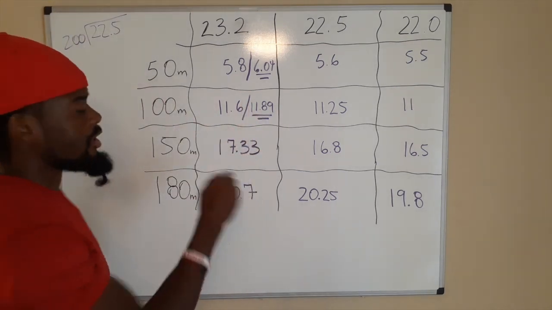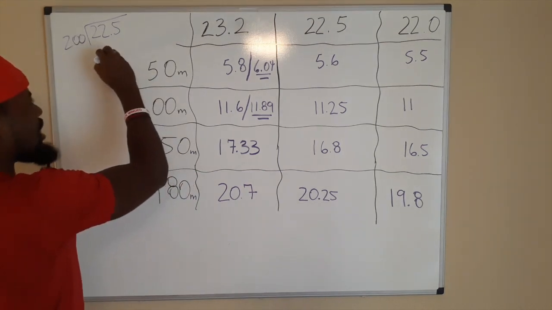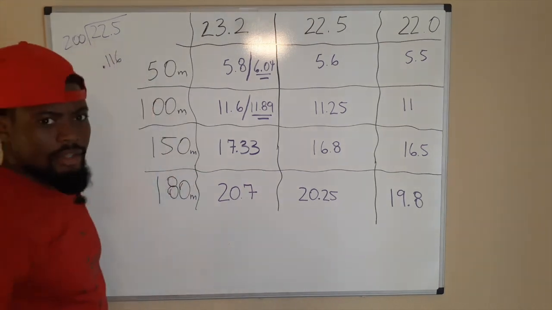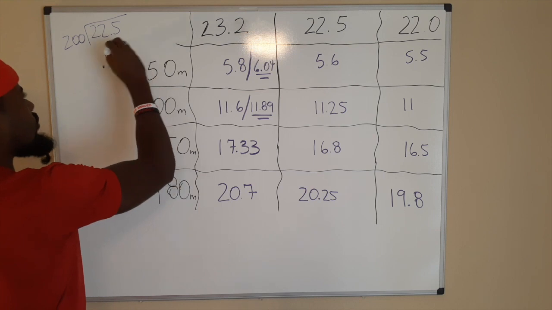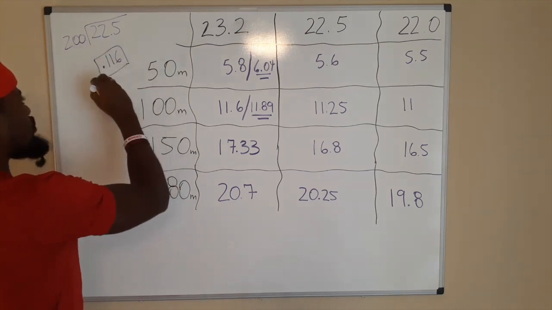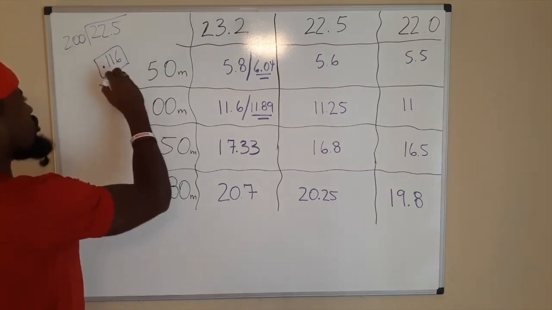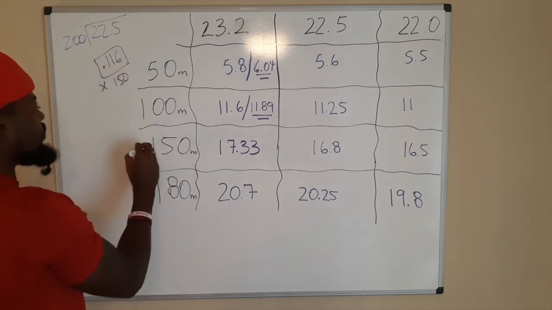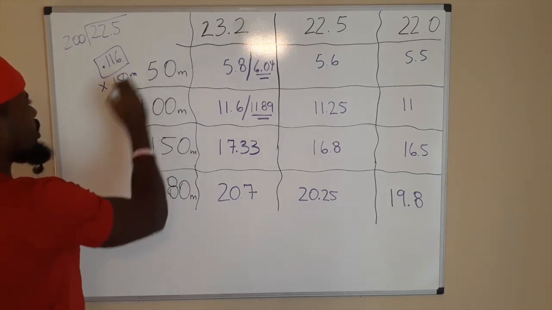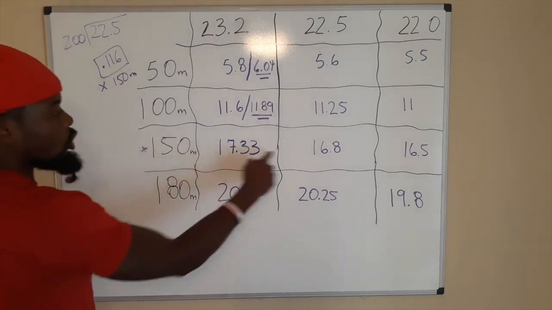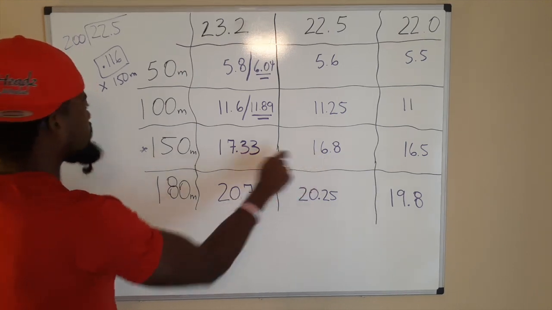You put it inside your calculator, it's going to be a decimal. It may be like 0.116 or something like that. This is a very important number because if you multiply this, let's say by 150 for 150 meters, you can get the time that you need to run in order to cover that distance, all right?